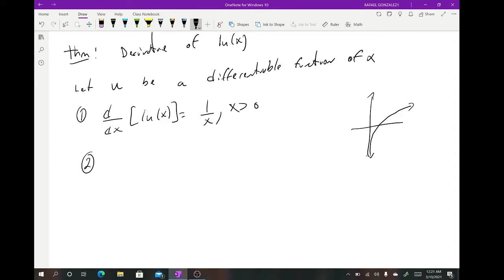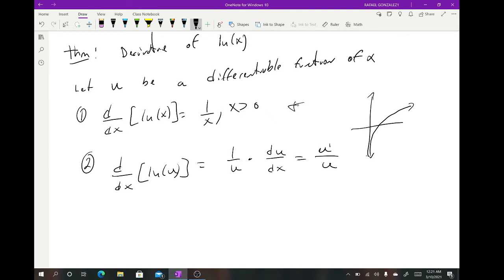And 2, the derivative with respect to x of ln of u, where u is a function, is equal to 1 over u times the derivative of u with respect to x, which simplifies to u prime over u, the derivative of u divided by u.